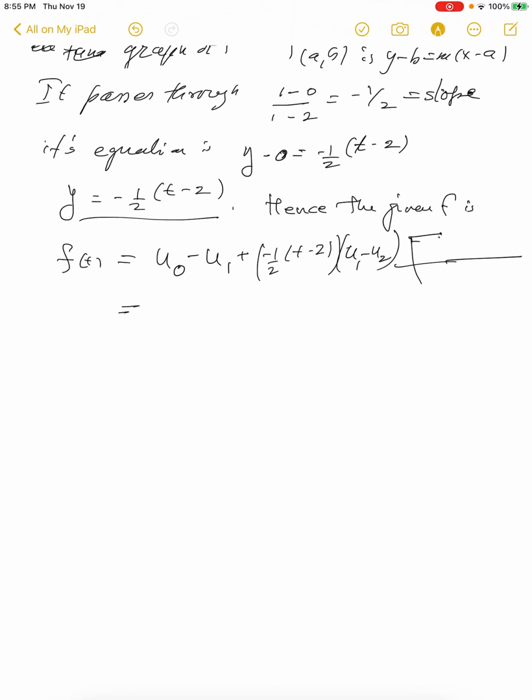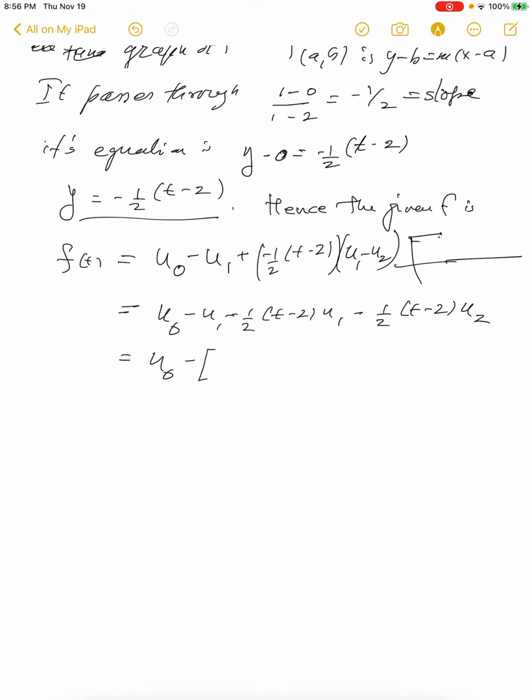So that's the formula for your function. So this is going to be u0. Let's collect u0, u1, u2 separately. Let's bring this together. So I have minus u1 minus half t minus 2 u1 and minus half t minus 2 u2. So if you simplify this a little bit, what will you get? You get u0. If you take u1 out common, then you will get, let's try doing this. How should I do this?